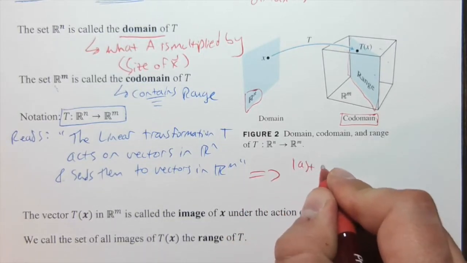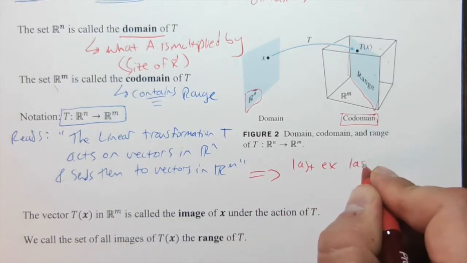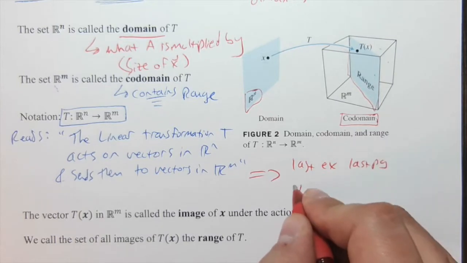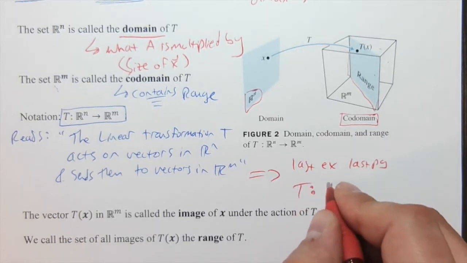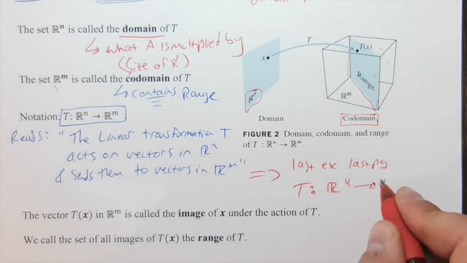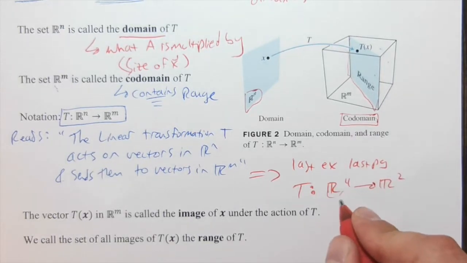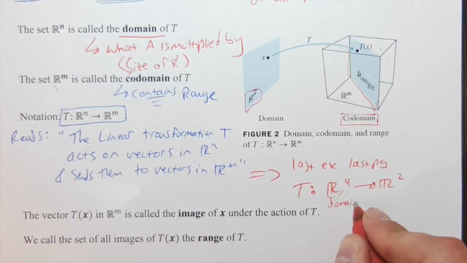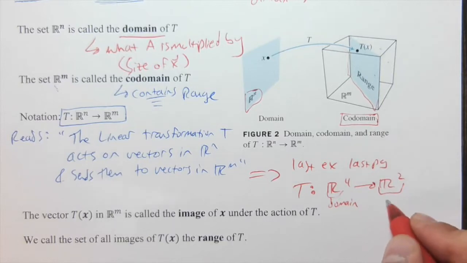So the last example on the last page, that transformation that we just looked at, sent vectors from R4 into R2. And so in this case, this was the domain. This is where things were coming from. And this was the codomain.